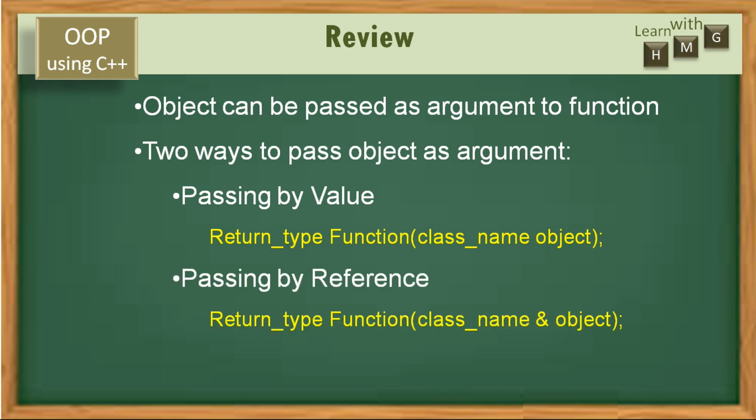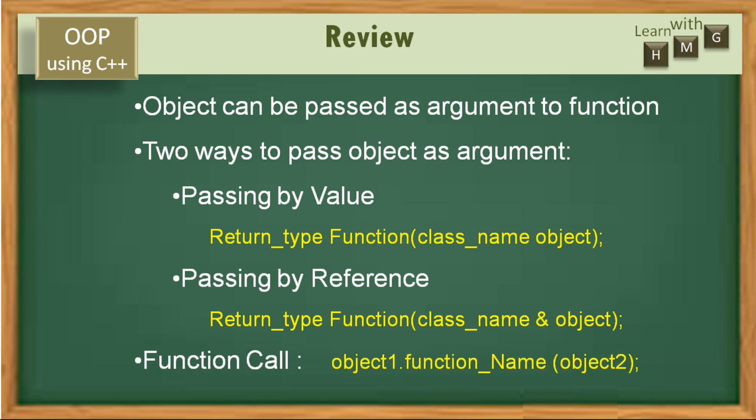Passing by reference, return type function, class name, ampersand object. Here ampersand indicates the address operator, which gives you the address of object, and address is passed. While calling the function, object 1 will call the function and object 2 is passed as argument. So here object 1 is the calling object while object 2 is the argument object.